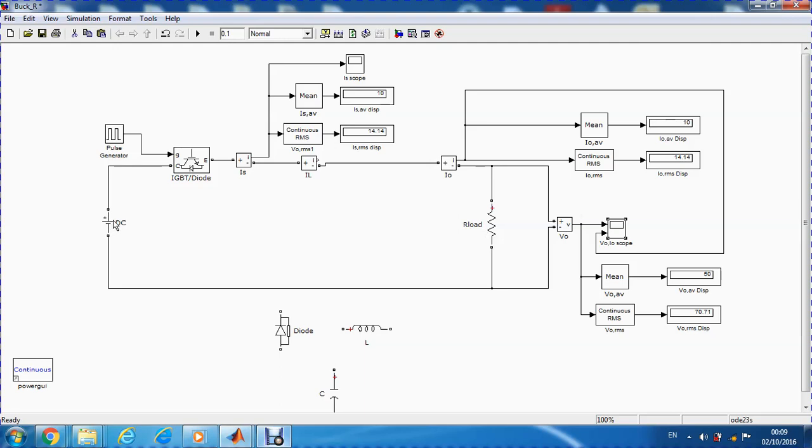So if we divide the output voltage by the resistance, we get the average current. As we can see here, the average value of the voltage is 50, and the average value of the current is 10, and the RMS of the output voltage is 70.7 volts, and the output RMS current is 14.14.